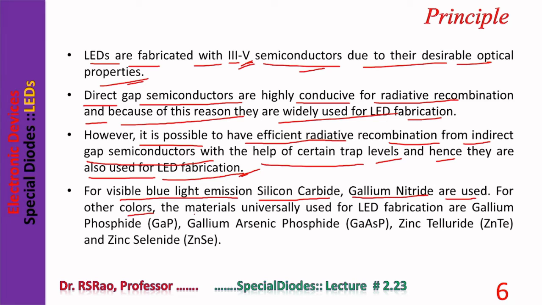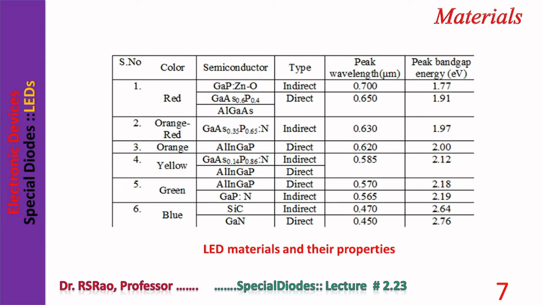For other colors, the materials universally used for LED fabrication are gallium phosphide, gallium arsenic phosphide, zinc telluride, and zinc selenide. The materials used for fabrication of LEDs are mentioned in tabular form in this slide.